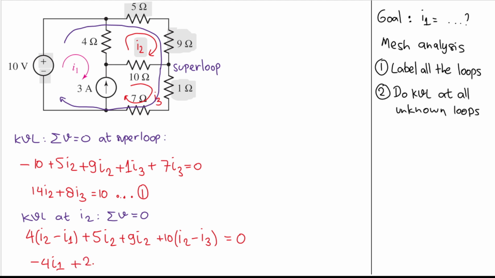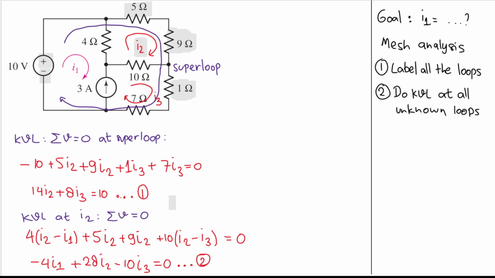So I'll have 28 multiplied by I2 here. And then I will have I3, which is only obtained from this term here. So I will have minus 10 I3. All of that will equal 0. Good. Let's save that as equation number 2.